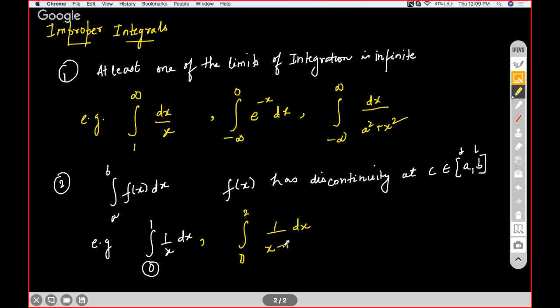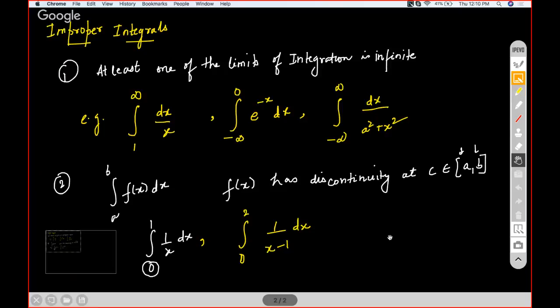C can lie between those two also; C belongs to a and b, including a and b. Is that clear?